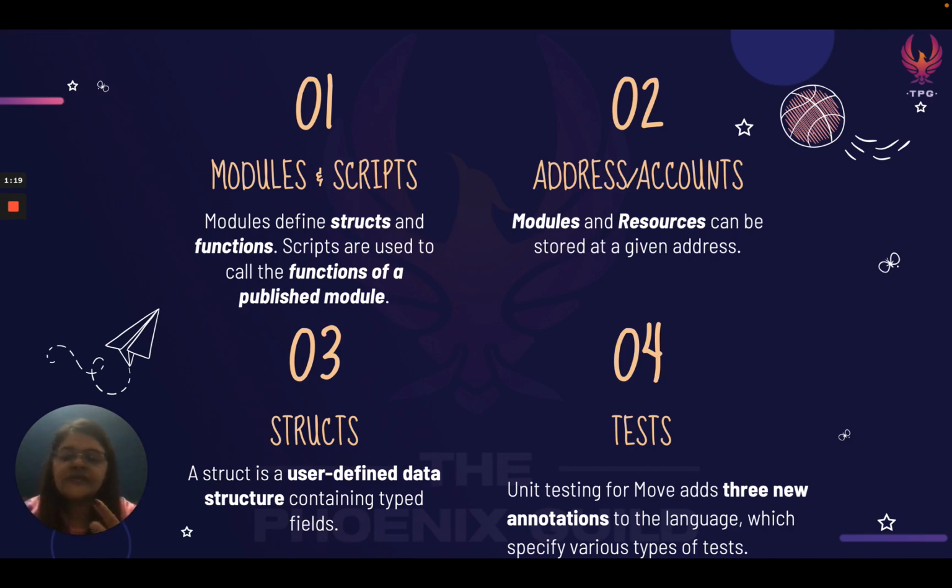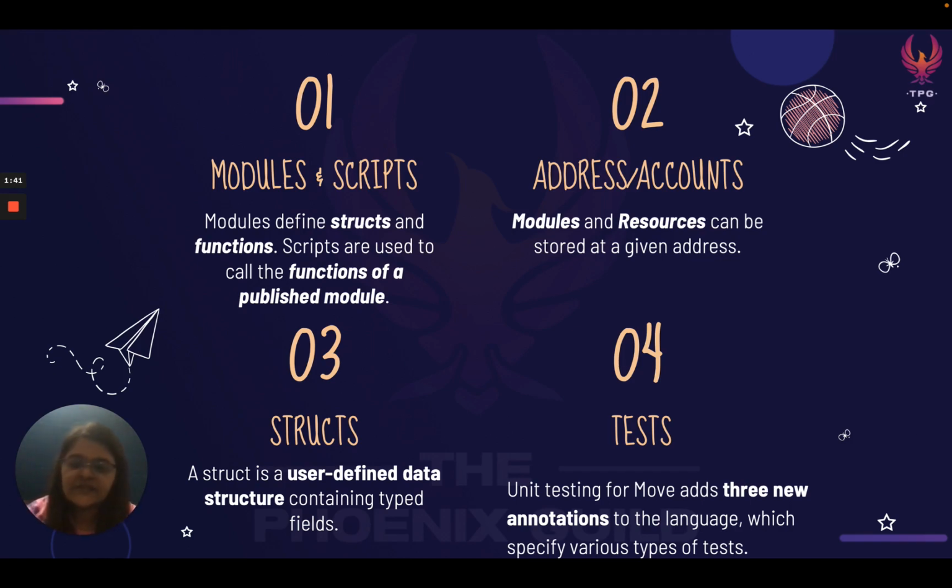Now, modules define structures and functions, right? So you have structs that describe the storage and the resources that are part of your program. And functions are the ones that act on top of these storage resources and eventually affect some state changes, right?